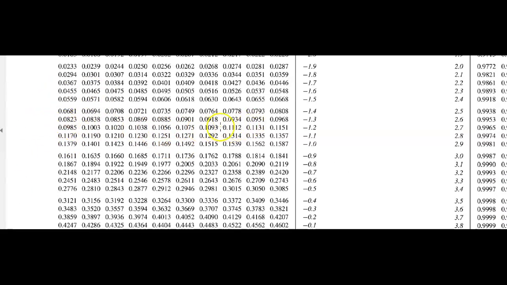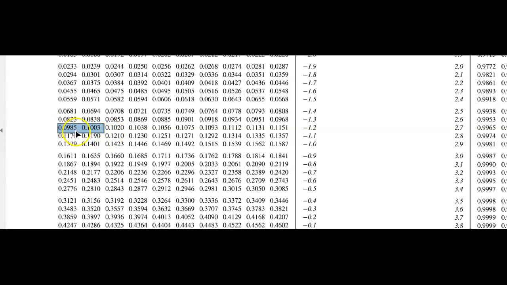Okay, so it seems like it jumps from 0.0985 to 0.1003. Well, look at it this way: 0.1000 is closer to which of these numbers?